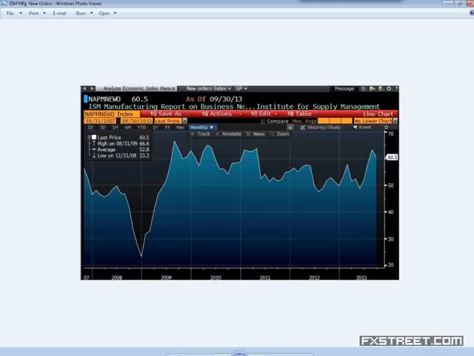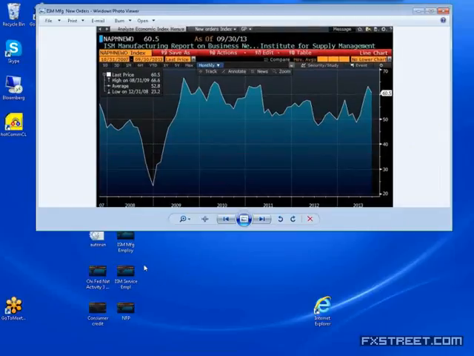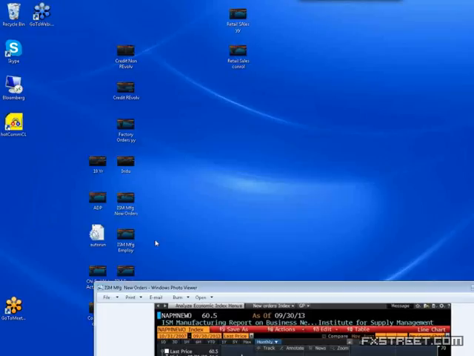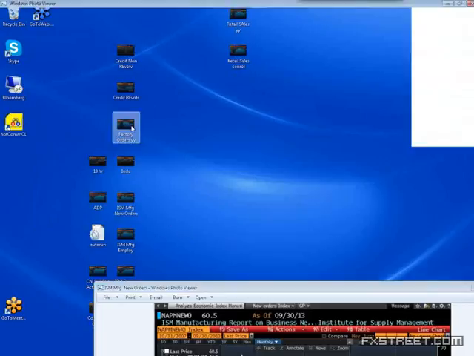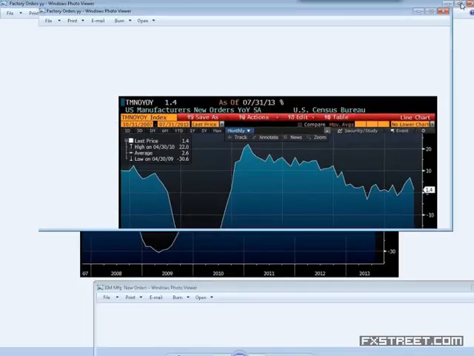It gives you, again, a similar type of view of the economy. I'm going to stop this in a second because I want to go through the actual numbers that are coming out, so we'll have a better idea of what we're talking about.